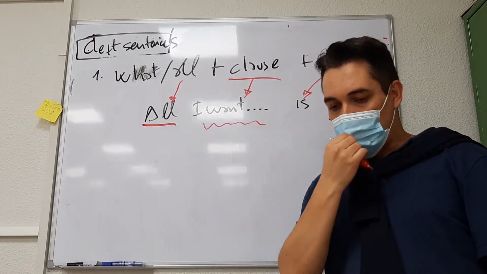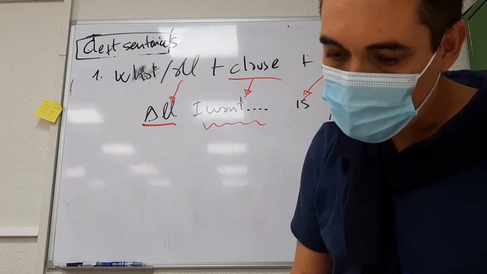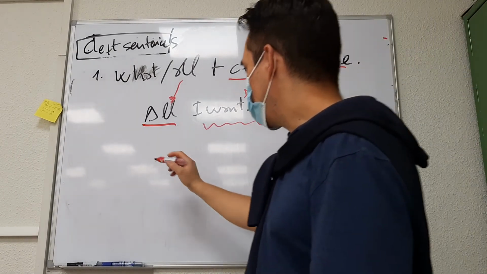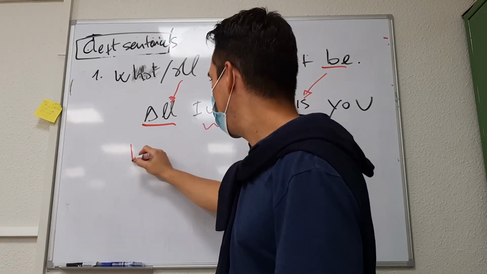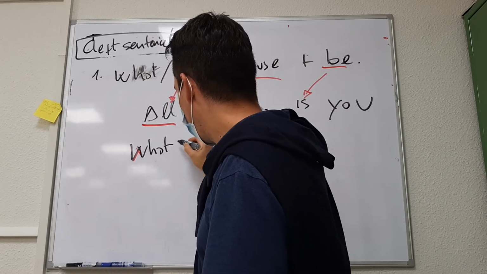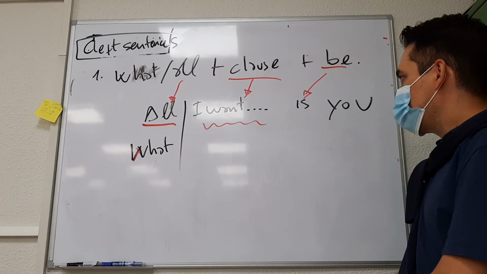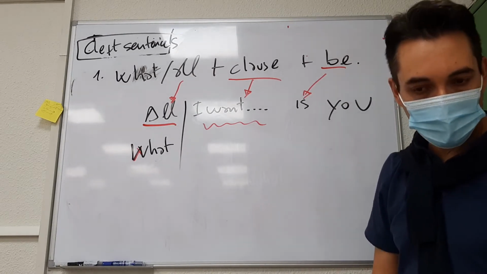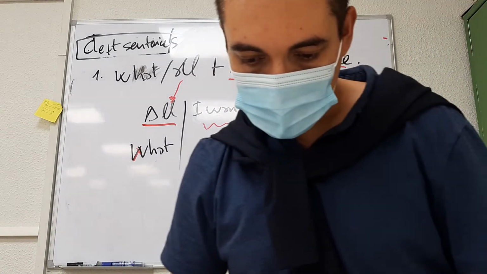How would you say it? I'm going to use Spanish right now. Lo que quiero para Navidad eres tú. So you would say, instead of all, what I want. What I want for Christmas is you.